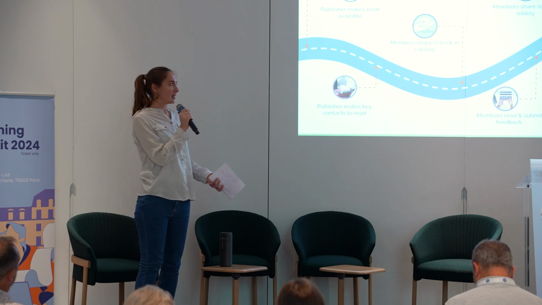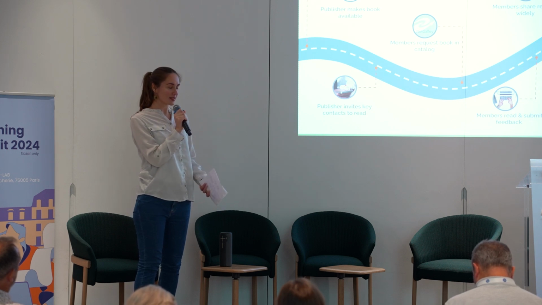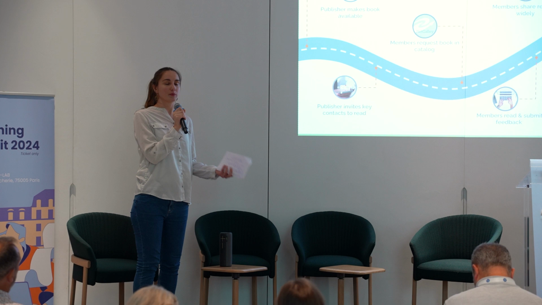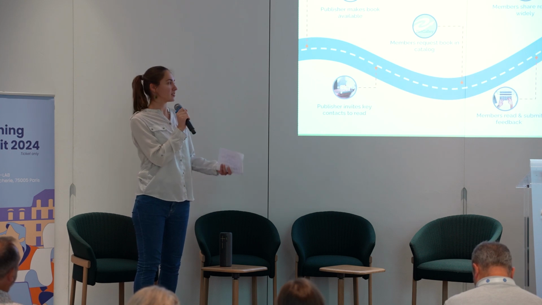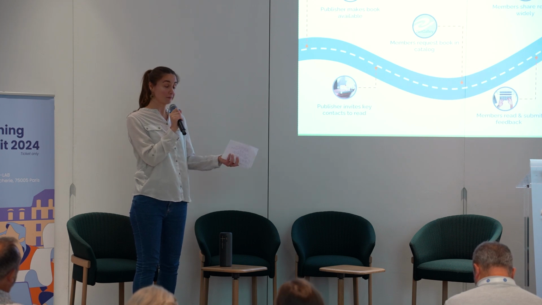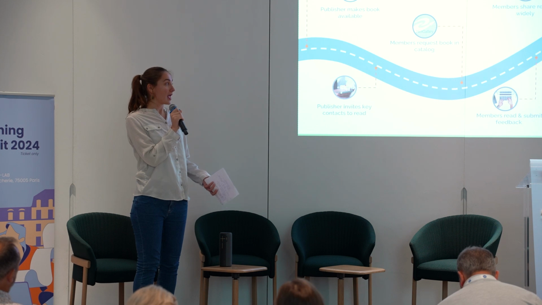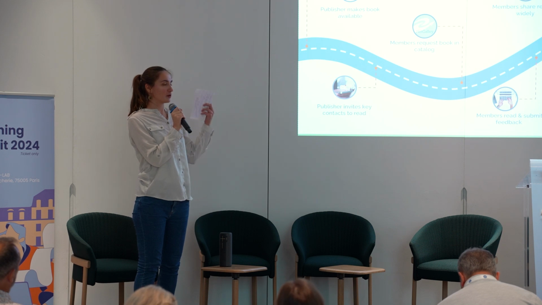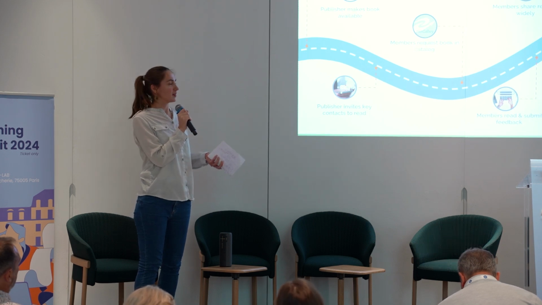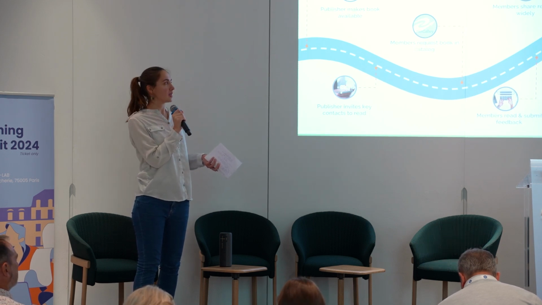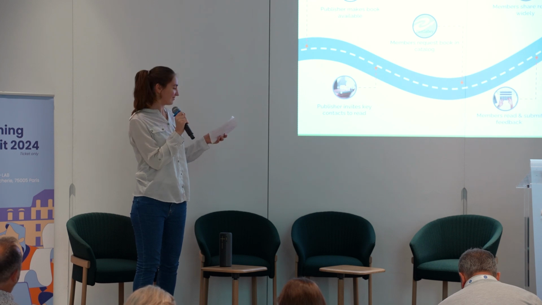The publisher can then approve or decline the request. And if the request is approved, the member starts reading and starts submitting feedback. If the member is a reviewer, they will start sharing those reviews widely. And the publisher on their end receives that feedback and also detailed reports about the general activity about the book. And yeah, once that promotional cycle is over, the publisher can archive the book and start the journey over again.